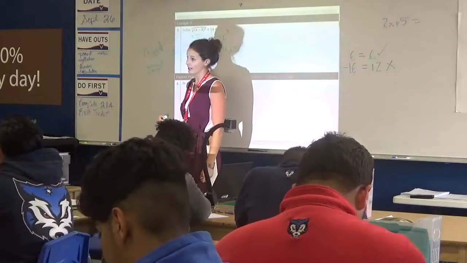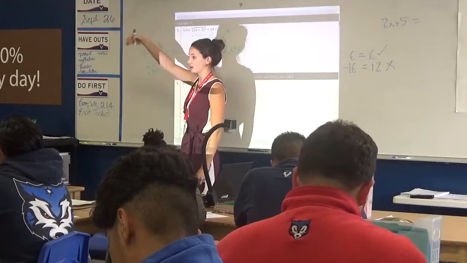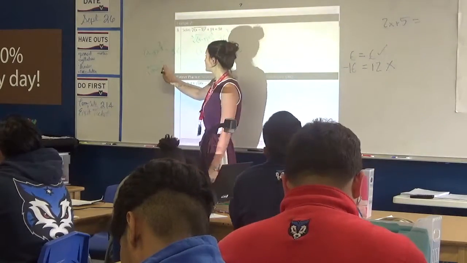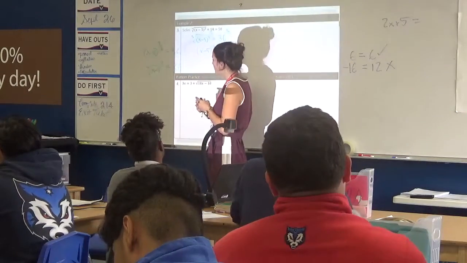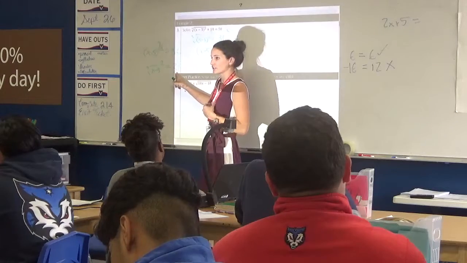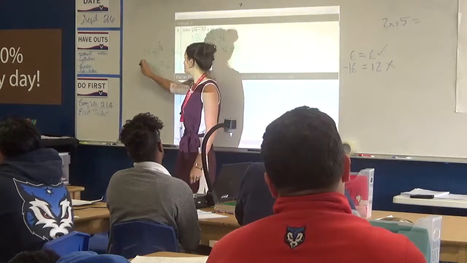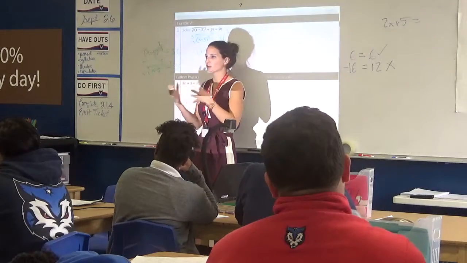I could put the square on the inside or the outside based off of the properties we talked about on Friday and practiced in the do first yesterday. The reason I saw that and thought that was interesting is because I noticed this 36 is a perfect square, and so if I took the square root and canceled the square first, I was working with smaller numbers.